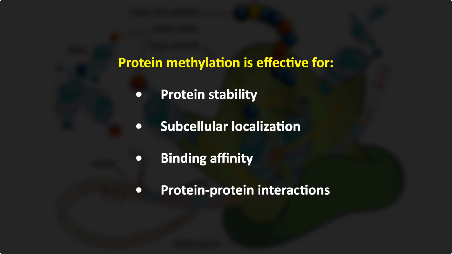In protein methylation, the methyltransferase enzyme adds a methyl group to the specific amino acid on a protein molecule like lysine and arginine residues. Protein methylation is effective for protein stability, subcellular localization, binding affinity, and protein-protein interactions.